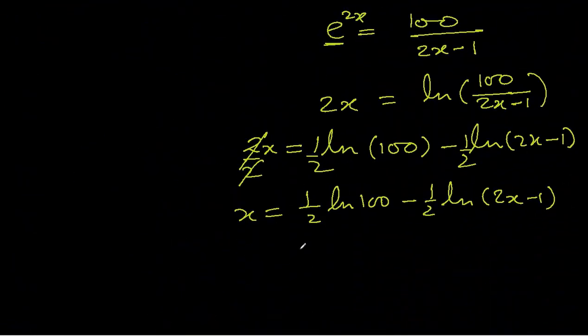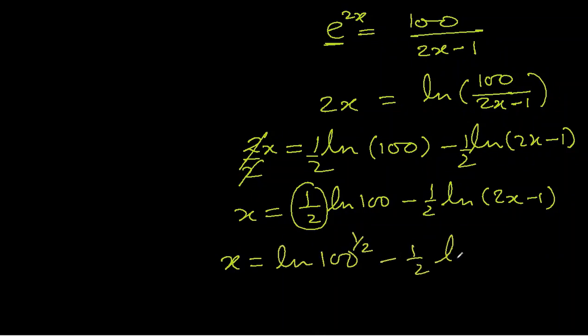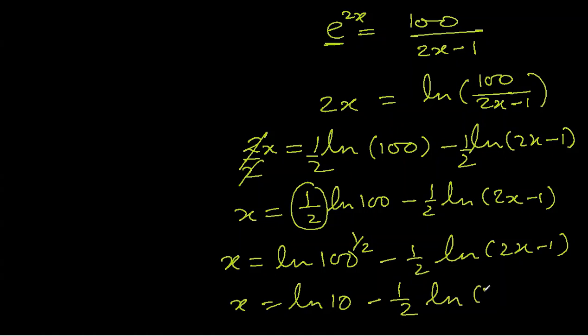Not yet. So we have to get rid of this half. x equals ln of 100 to the power half minus half ln of 2x minus 1. The square root of 100 is 10. So x equals ln 10 minus half ln of 2x minus 1, exactly what they wanted us to show.